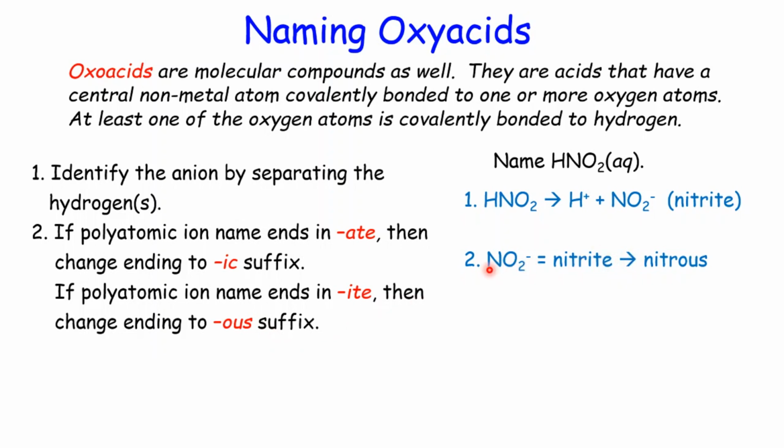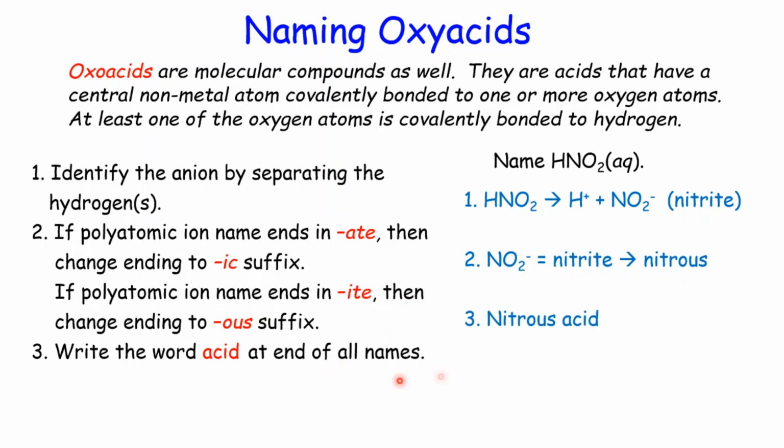So the anion in this acid is nitrite. If it's nitrite, then the acid's name should end with OUS, nitrous. Write the word acid at the end of all names.